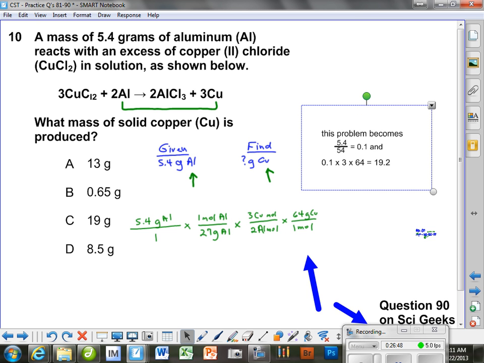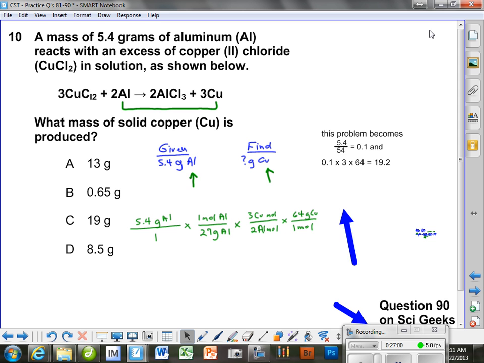This problem is 5.4 divided by 54. And where did we hit that? We have a 0.1 times 3. Okay, why is it 0.1 times 3? Because there's so many ways to do this. Just a second.